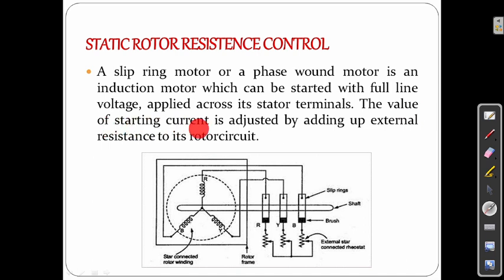The value of starting current is adjusted by adding external resistance to its rotor circuit.